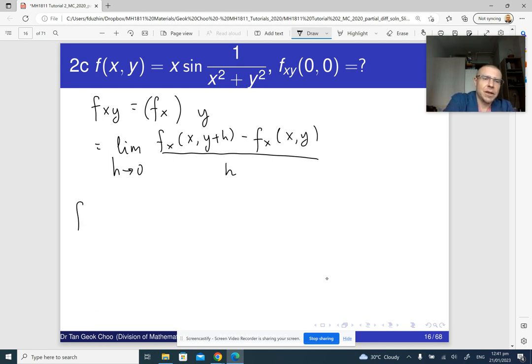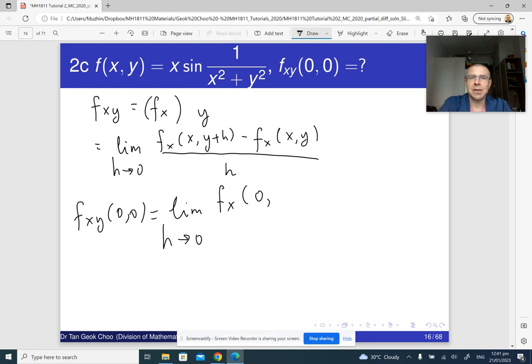In our case, f_xy evaluated at the point (0, 0) is going to be the limit as h goes to 0 of f_x evaluated at, so x is now 0 and y is 0, so 0 plus h is just h. This partial derivative of f with respect to x evaluated at (0, h) is in fact calculated in part A, so let us fill it in later.